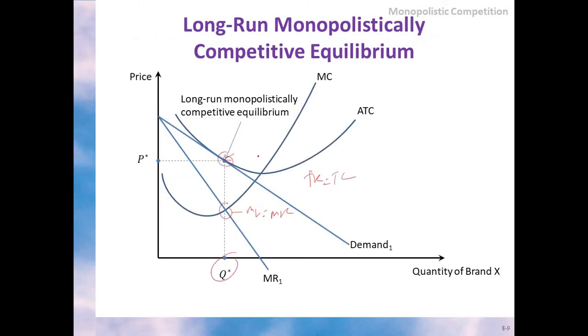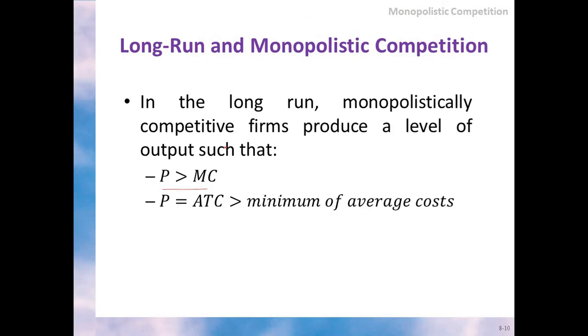I can show this back, right? The minimum cost is here, but the average total cost at the point of Q just now is higher. It's not at the minimum here, because of the market power that a firm in a monopolistic competitive market structure has.